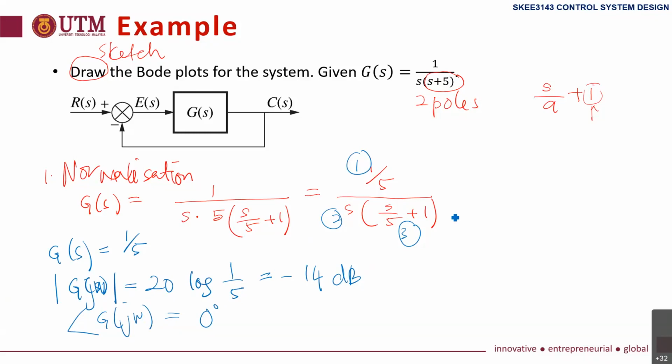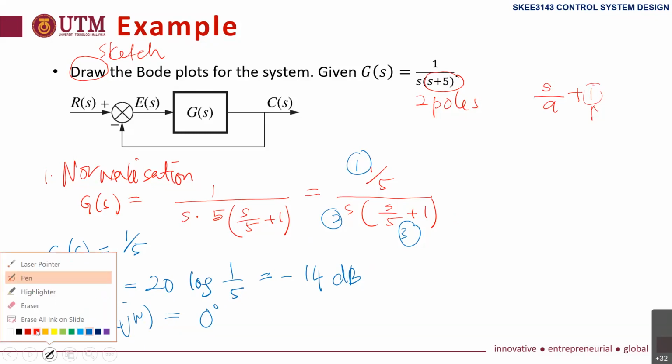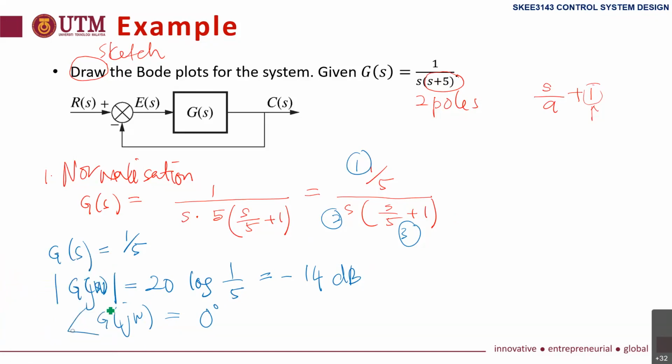The second component, number 2, I take G(s) equal to 1 over s, this one. And if we take the frequency response, it will be 1 over j omega.